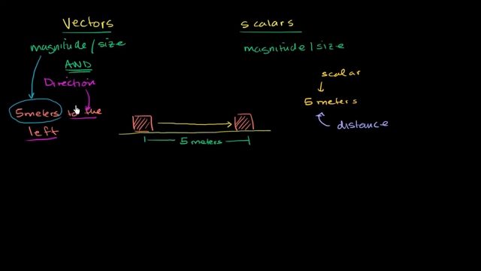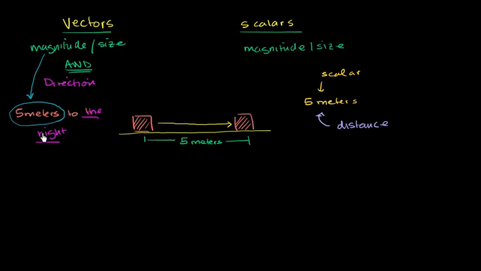So you now explicitly know that they went 5 meters to the, oh, sorry, it should be 5 meters to the right. Let me change that. So the direction is to the right is what it got moved. It started here, it went 5 meters to the right. So once again, the magnitude is 5 meters, and the direction is to the right.